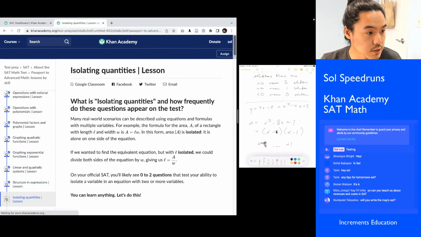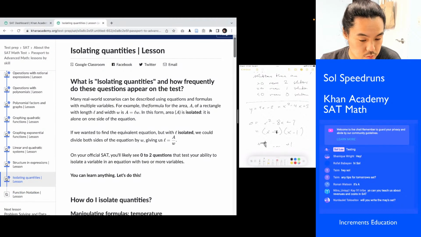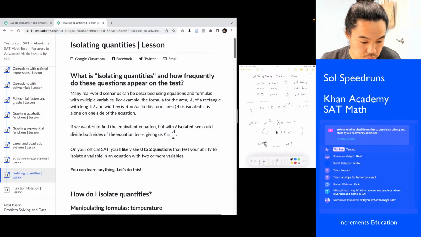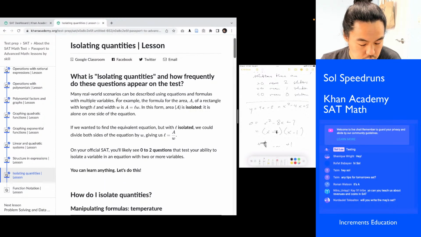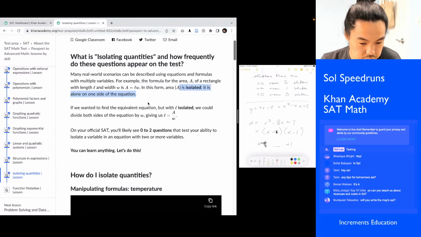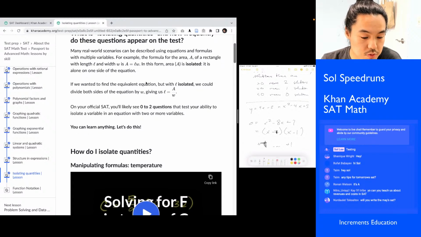Isolating quantities. Let's do this. What is isolating quantities? And how frequently do these questions appear on the test? It's 0 to 2.